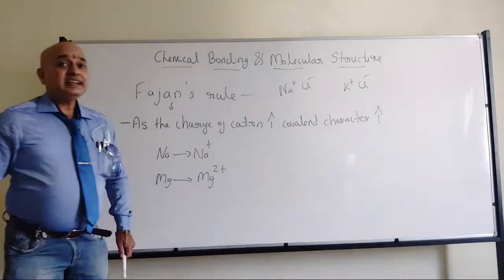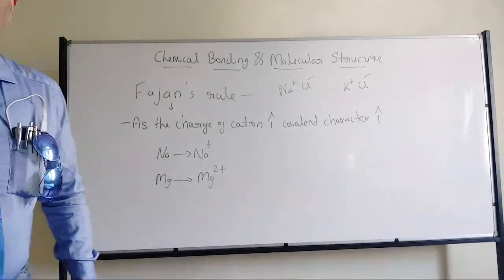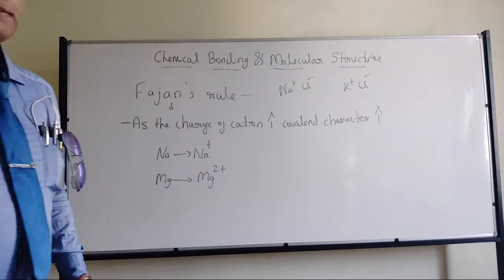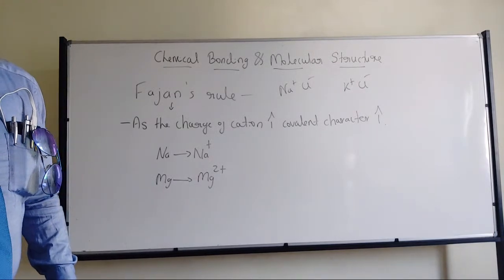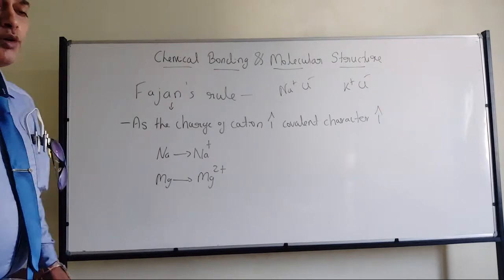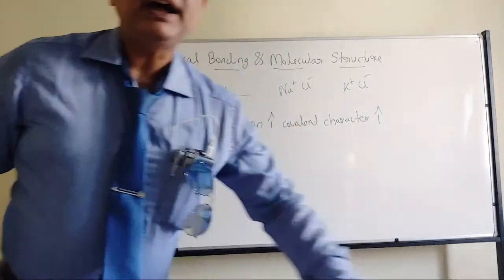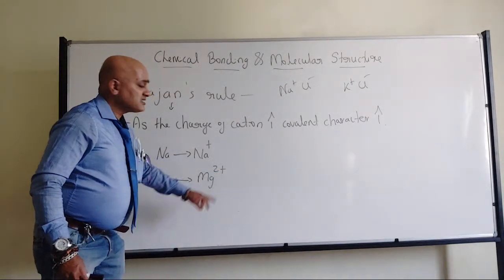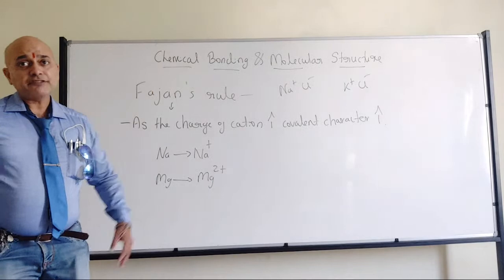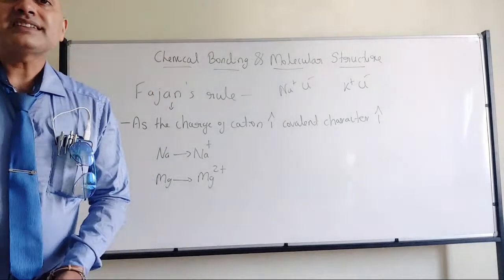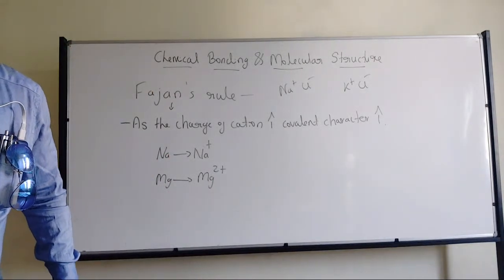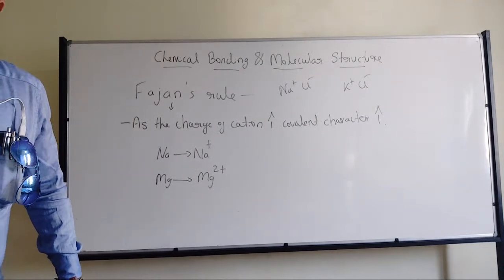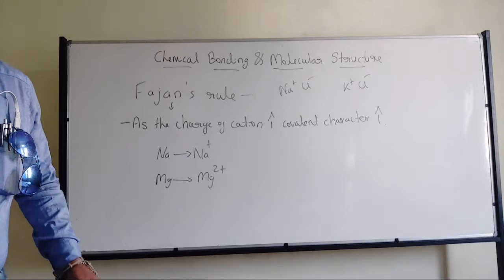Therefore magnesium chloride will have more covalent character compared to sodium chloride, because there is an increase in the charge. Naturally, there will be a drastic decrease in the size also. All of you have understood? Any doubts?